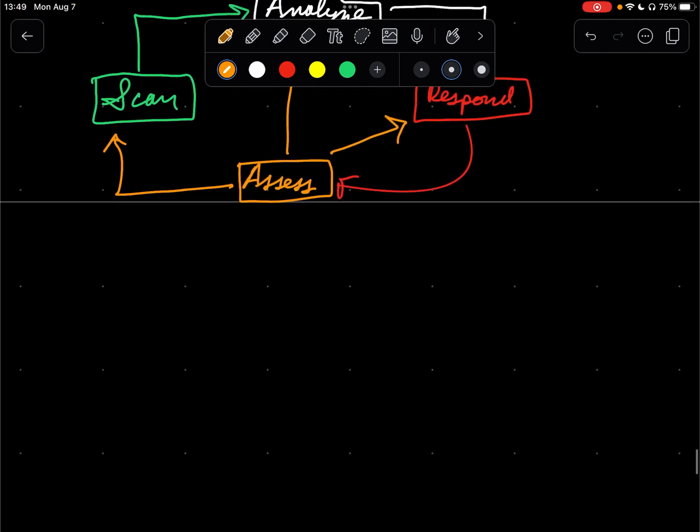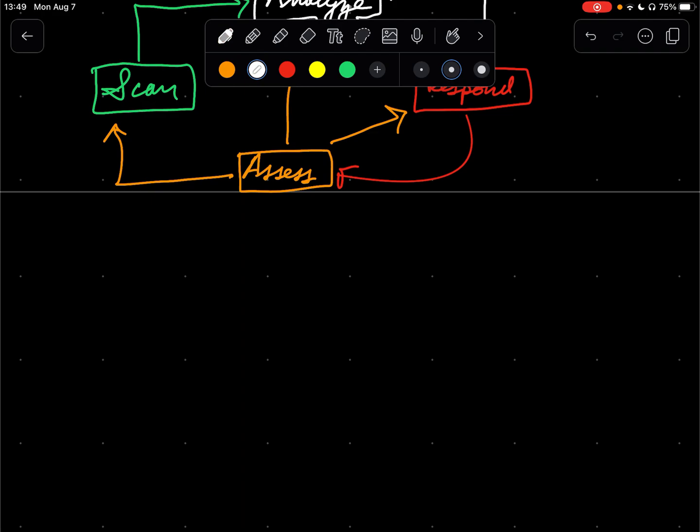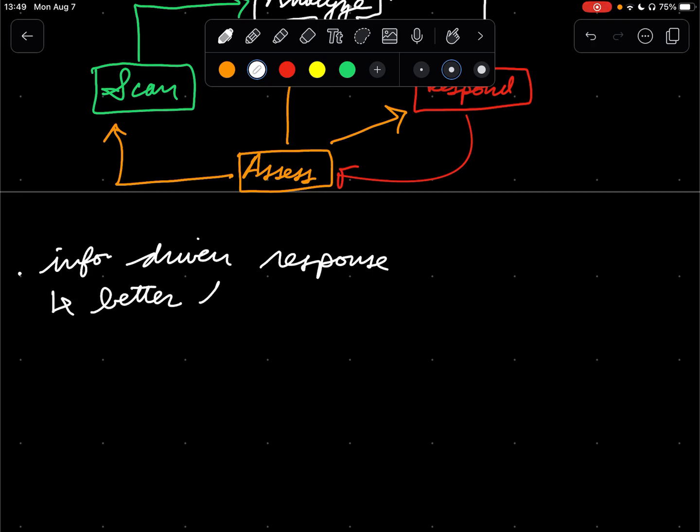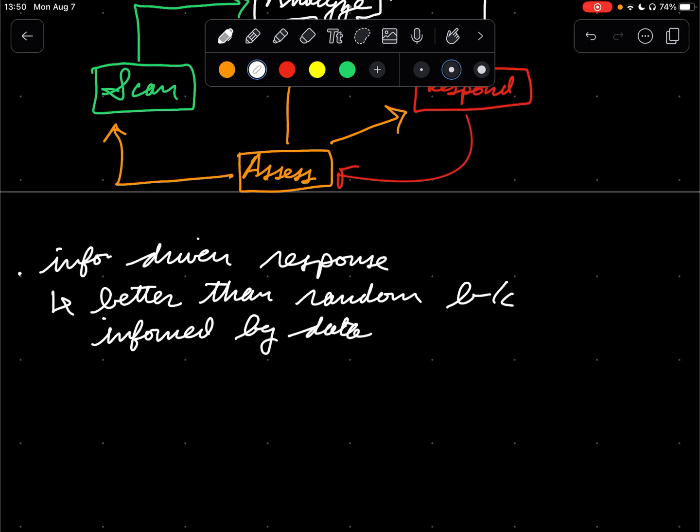The thing that's useful about this is that it becomes a very information-driven response. If you think back to our random patrol discussion, this information-driven response is better than random because it's informed by data. Because we have this existing information, we can find patterns and conclusions, and you might make some inferences as to what might actually work.